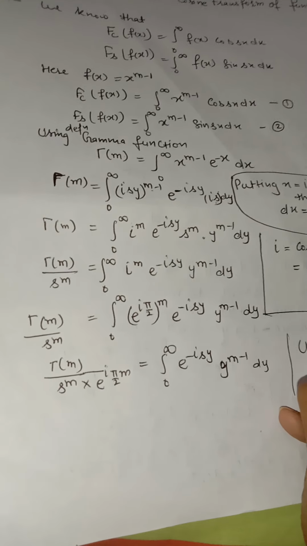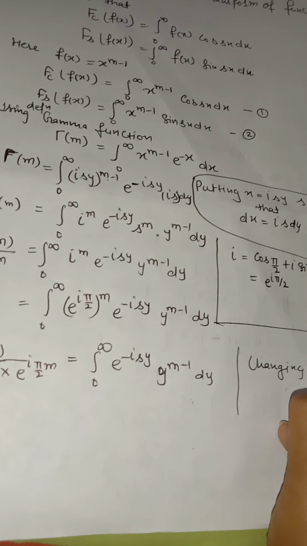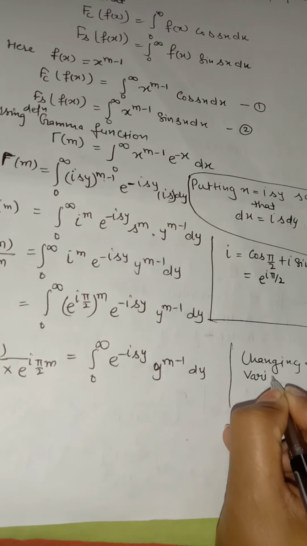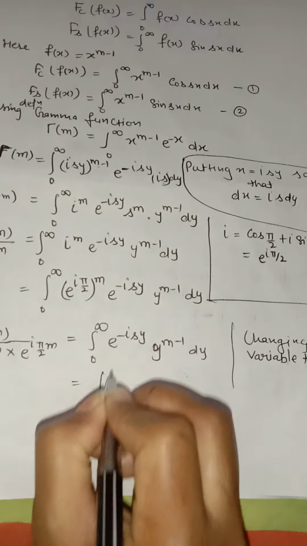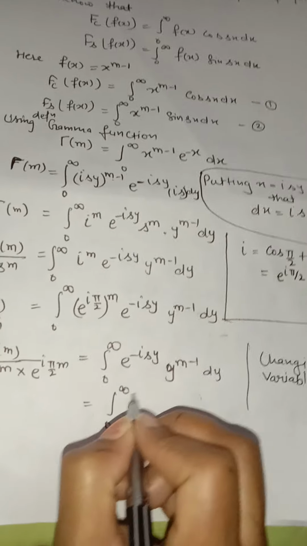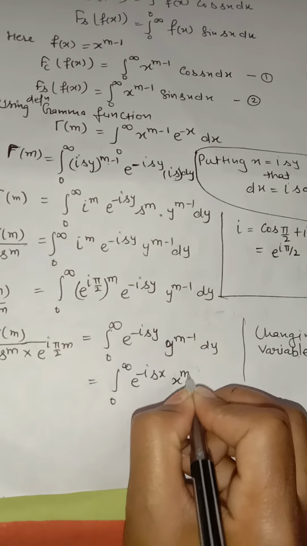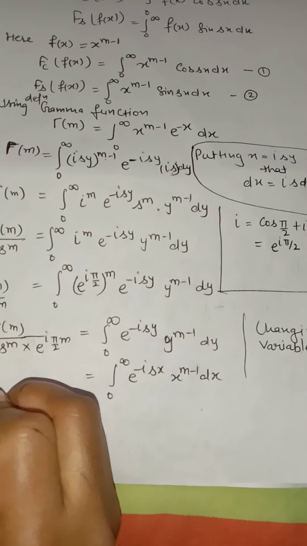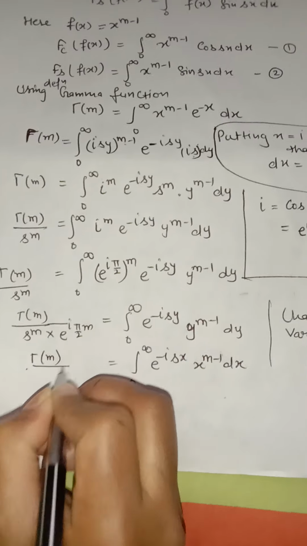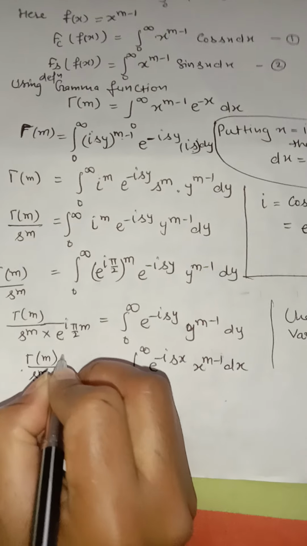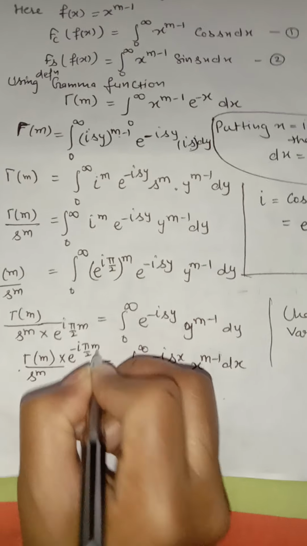Now changing the variable to x, we get right hand side e raised to power minus iota sx x raised to power m minus 1 dx, and from left side gamma of m upon s raised to power m and e raised to power minus iota pi by 2 m.